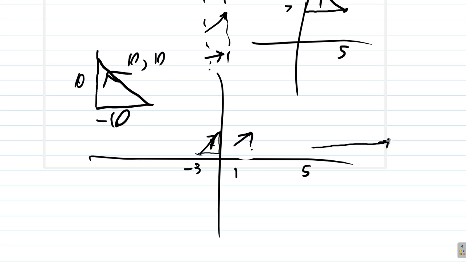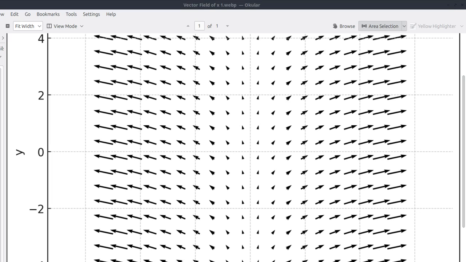So this height still remains. Right? So the vector only gets longer horizontally, but the rise remains at 1. So that's why this vector field looks like this.